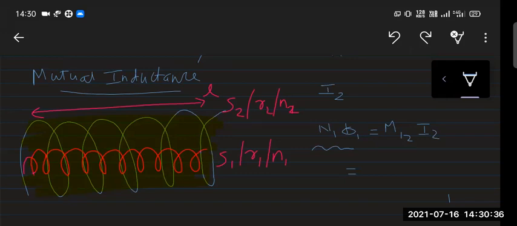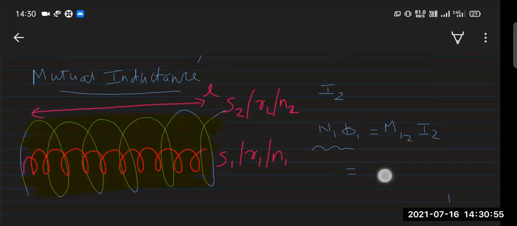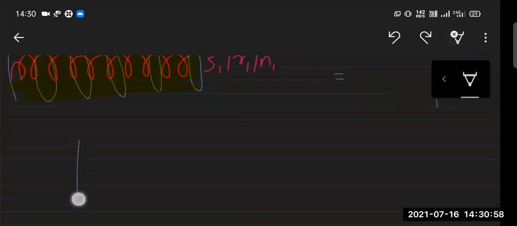Now, what is the flux linked with this inner coil? It is very similar to an ice cream party. For example, when you go to a marriage reception, you have a big cone filled entirely with ice cream.